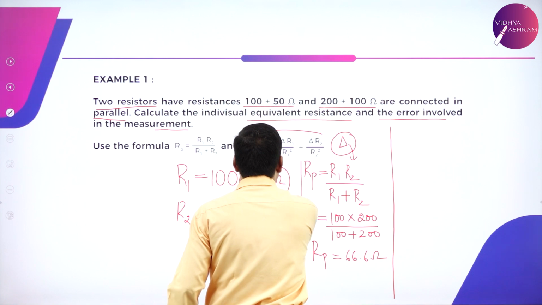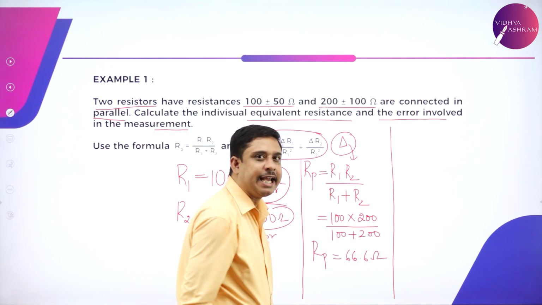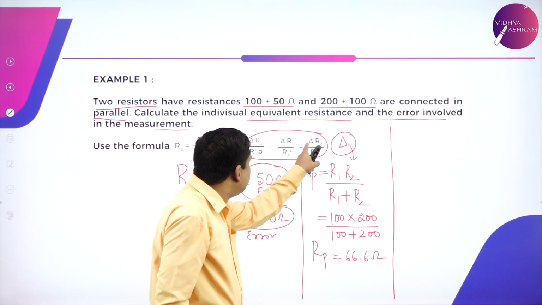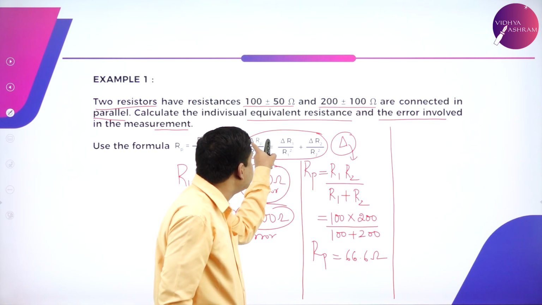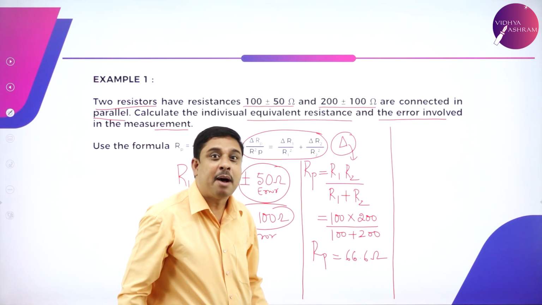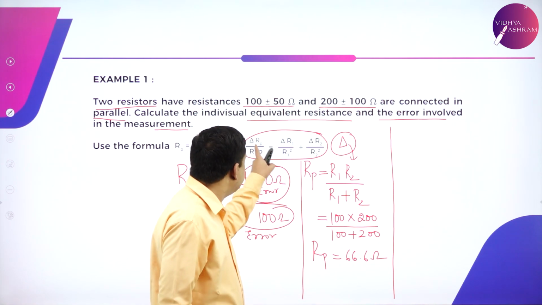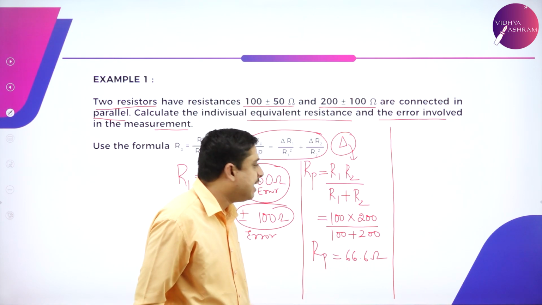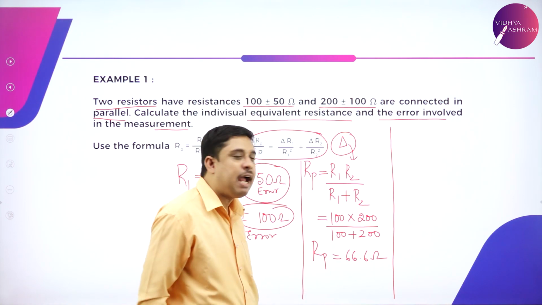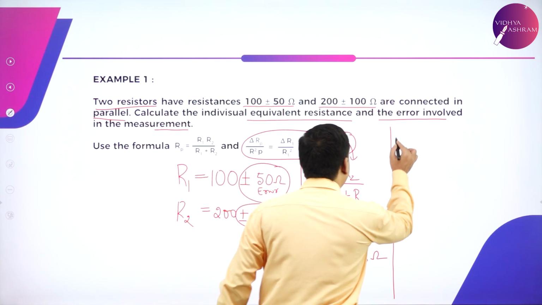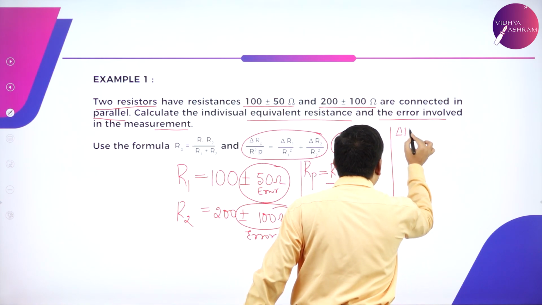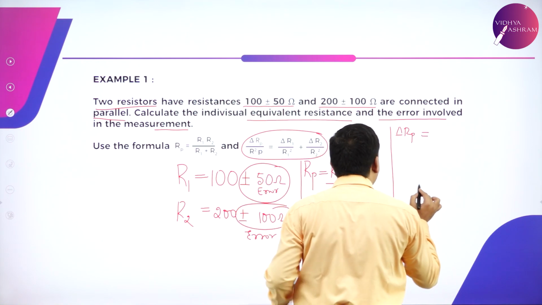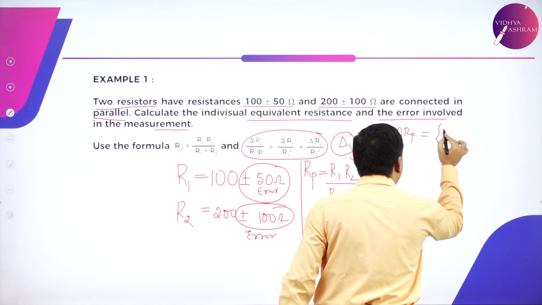This is the formula already given to calculate the error. If you observe, there is delta R symbol. Delta means error. Delta RP, error in the final resistance. That is what I have to calculate. So, delta RP equals, I take RP square to the numerator.